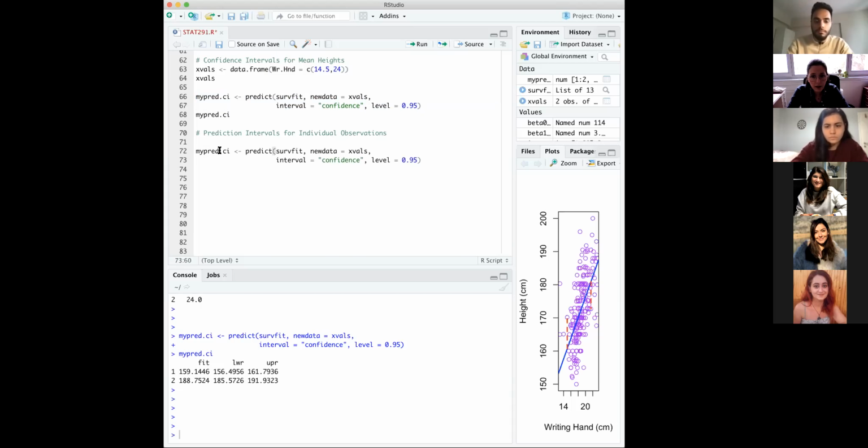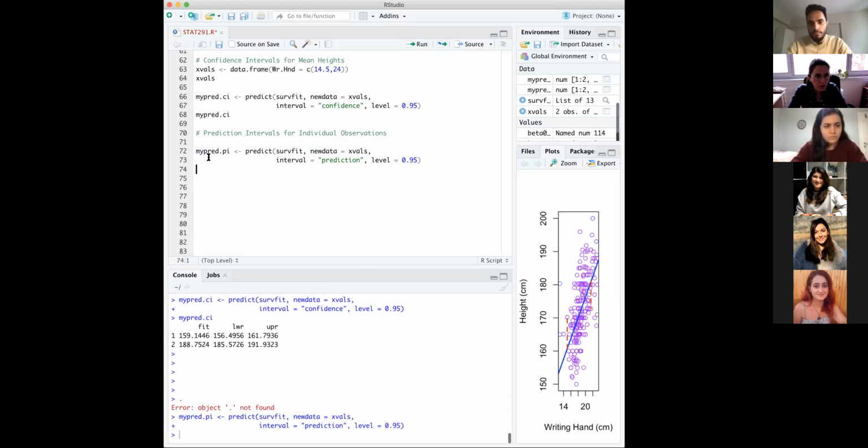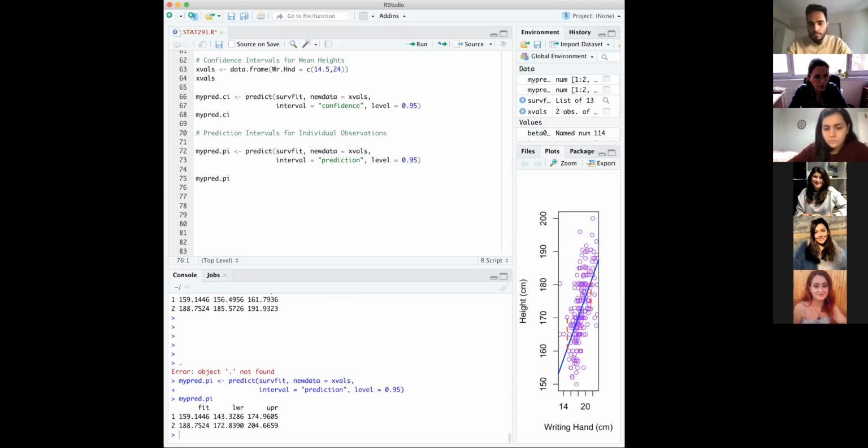Instead of my prediction CI, I can use just prediction intervals in here. Please just change it, okay? So I'm having the same model and same values, but instead of confidence, this time I'm going to use prediction. This is something different. So just run this part, and I want to see my values.